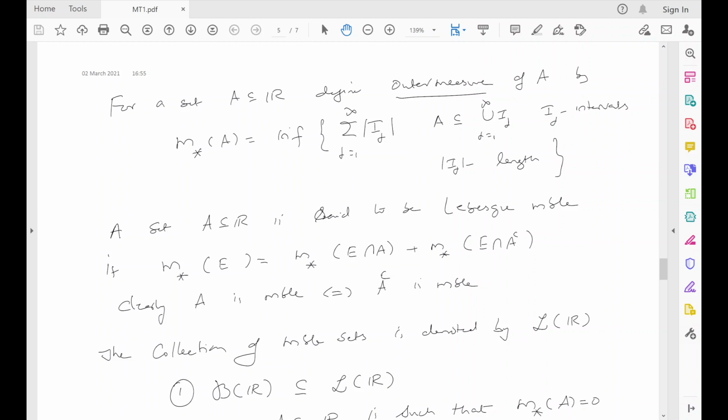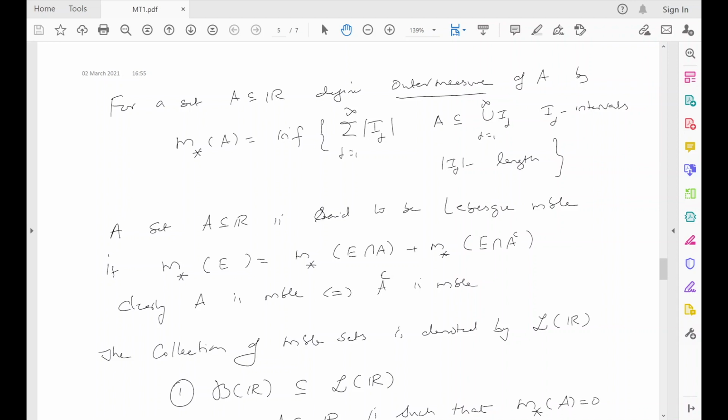Now the Lebesgue measure. So if I take A in L of R, a Lebesgue measurable set, then we can define the length, called the Lebesgue measure of A, to be m of A equal to m star of A, which means that m equals m star restricted to L of R, right. So it is the outer measure restricted to the collection of the Lebesgue sigma algebra, that is your Lebesgue measure.